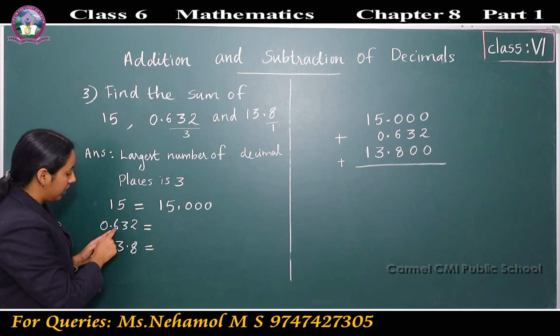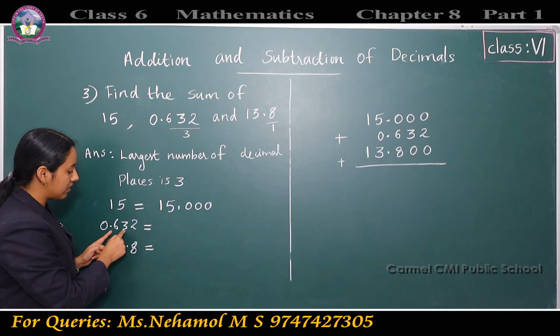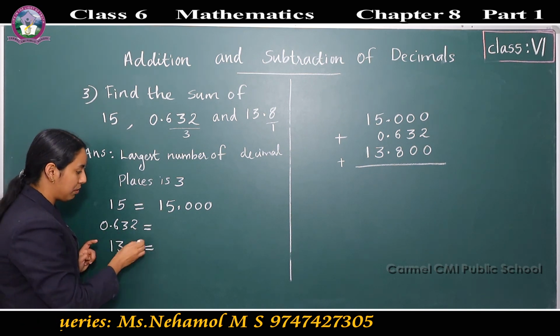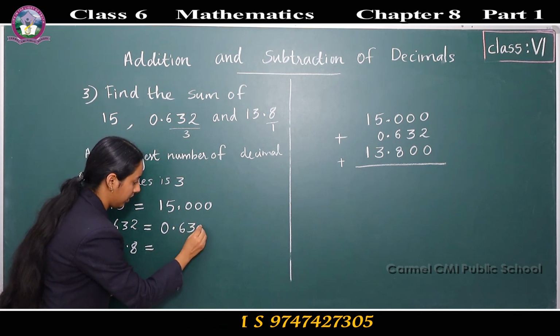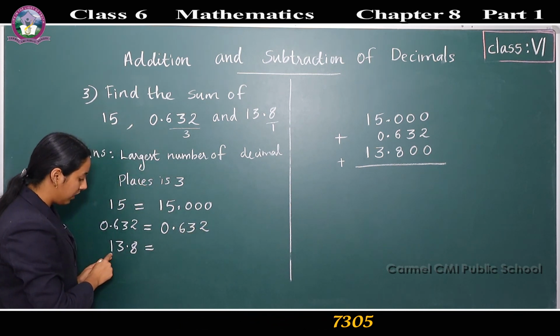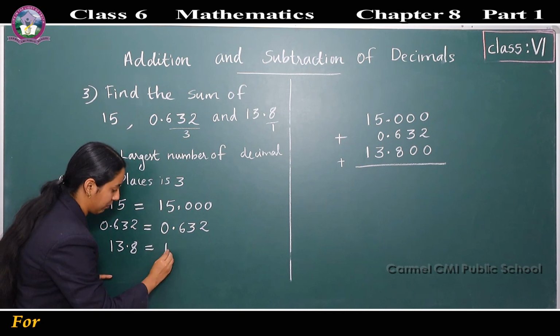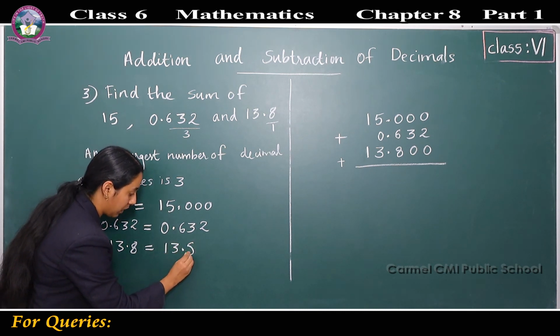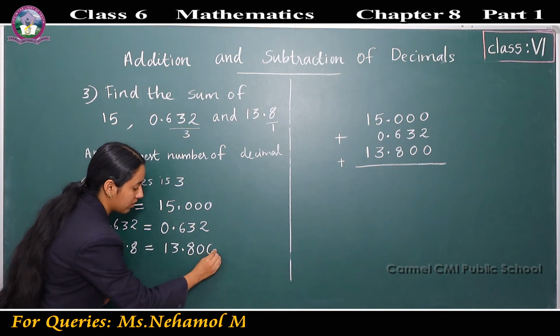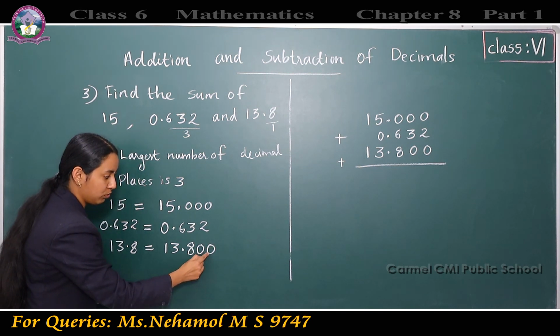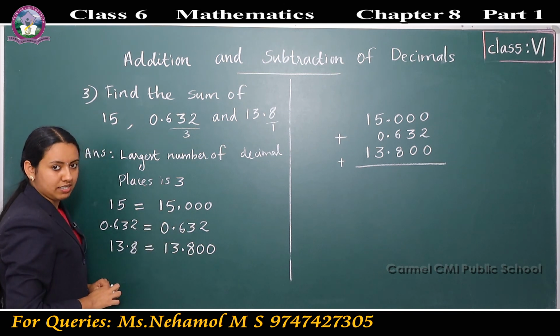Then next number 0.632. Already 3 decimal places are there. Write itself 0.632. Then what about this number? 13.8 becomes 13.800. 1, 2, 3. Now 3 decimal places are there.